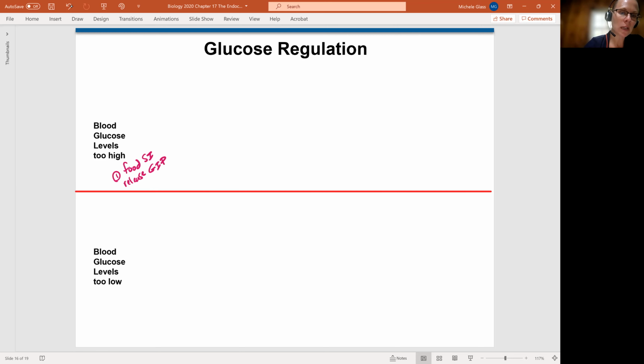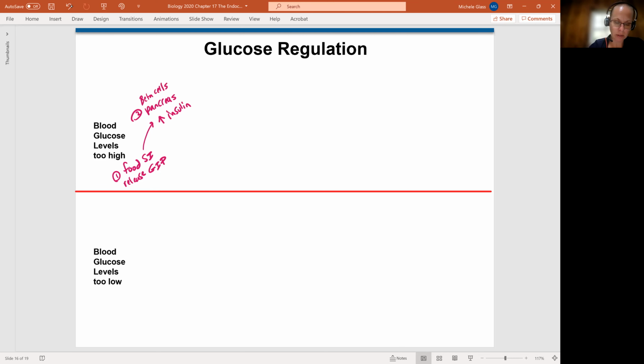And so what we see from there is that our pancreas is going to release insulin. You might want to remind yourself here that it's those beta cells of the pancreas that release the insulin.